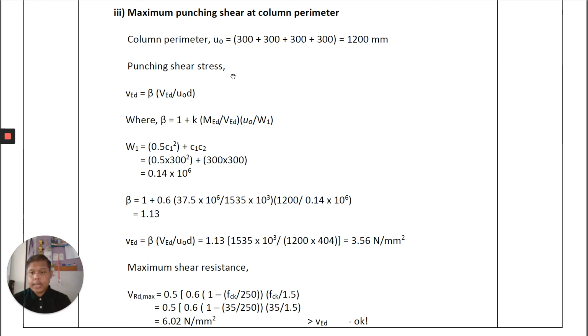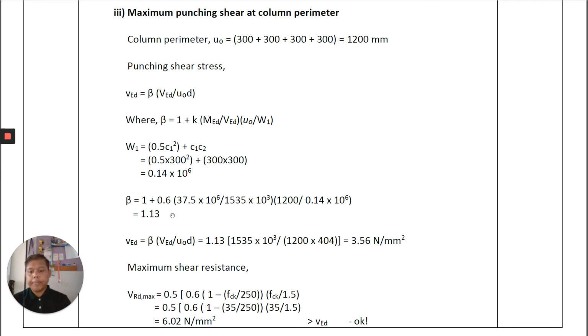The punching shear stress, which is VED, is equal to beta times VED over U naught D. So beta, the same formula, the difference is only here U naught. So W1 for this one is equal to 0.5 C1 squared plus C1 C2. And then you get this answer, and then for beta you have to substitute all those values in this formula.